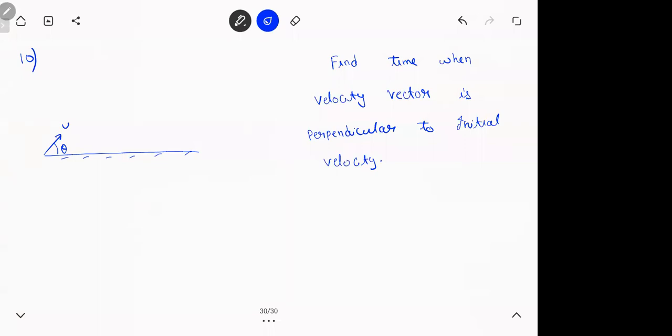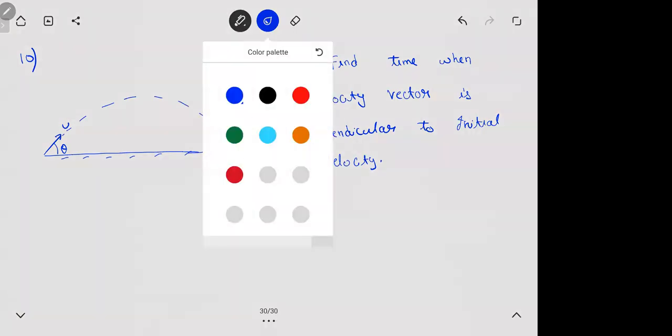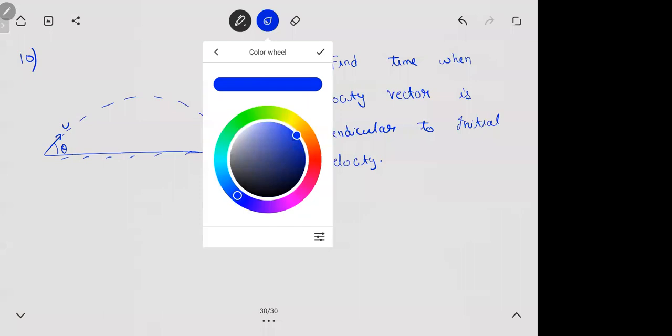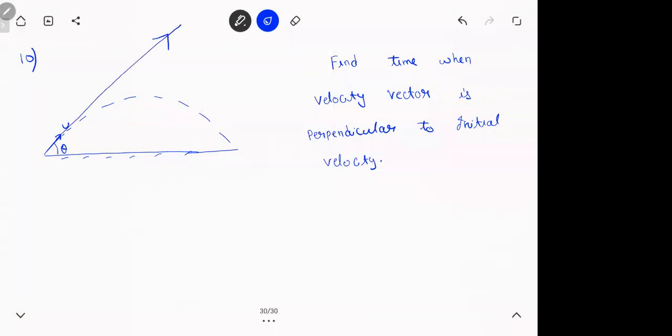Meaning, when this particle goes like this, if you look at the initial velocity, this is the initial velocity vector.